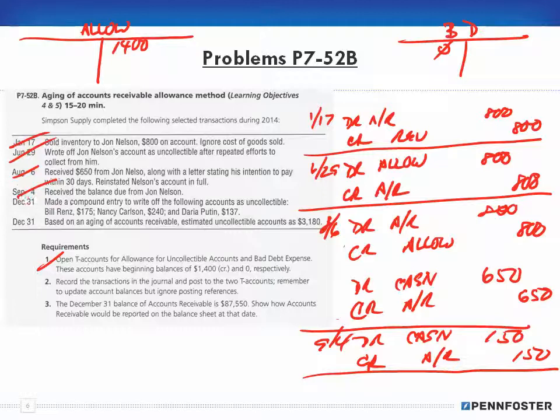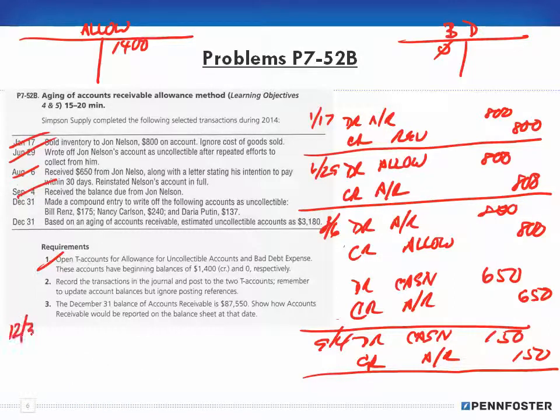On December 31st, made a compound entry to write off the following uncollectible accounts. It's $175 for Bill, $240 for Nancy, and $137 for Daria, which totals $552.